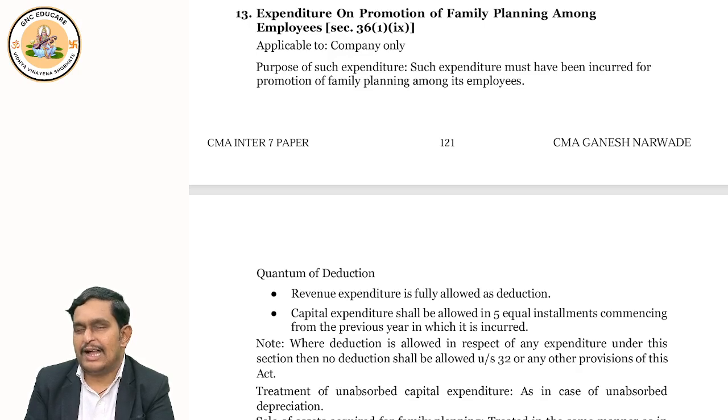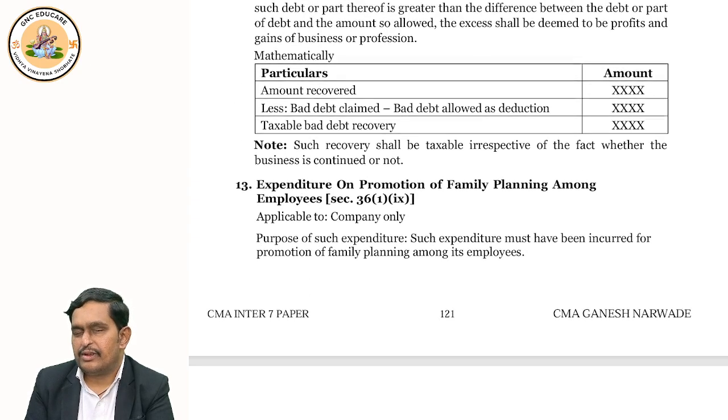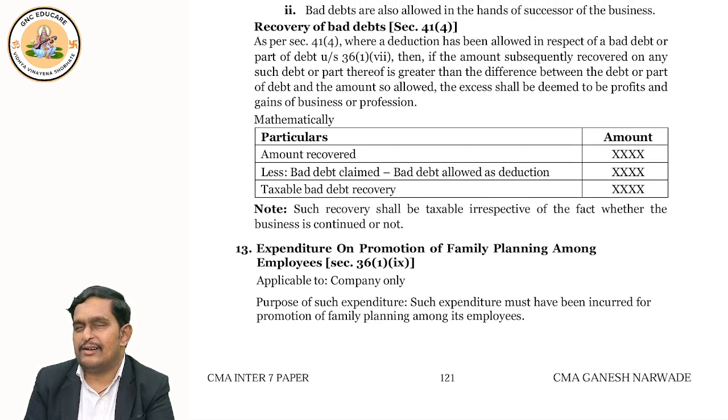Now, when it is later recovered, it should be treated as income under section 41. I said section 41 talks about deemed incomes, right? So bad debts recovered is income under section 41.